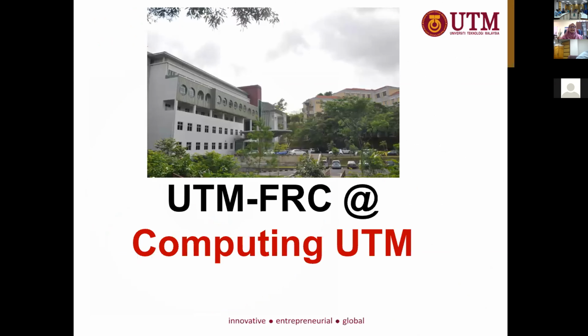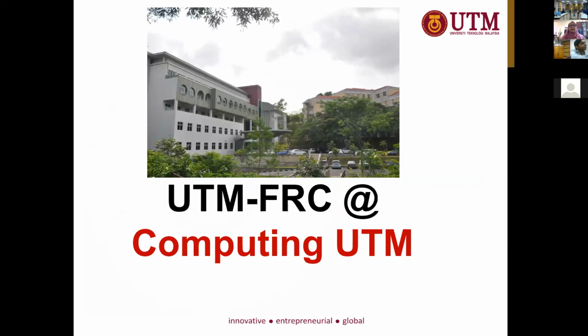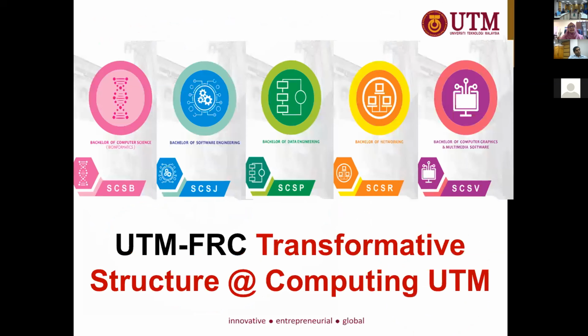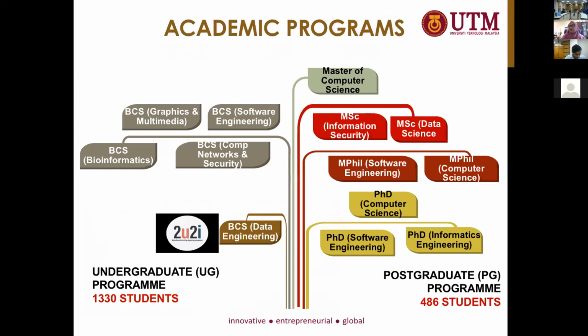Okay. Next, I will discuss with you how we implement these three directions into our computing curriculum in our campus. Okay. In our academic programs, we have 5 undergraduate programs, and then we have 8 postgraduate programs.